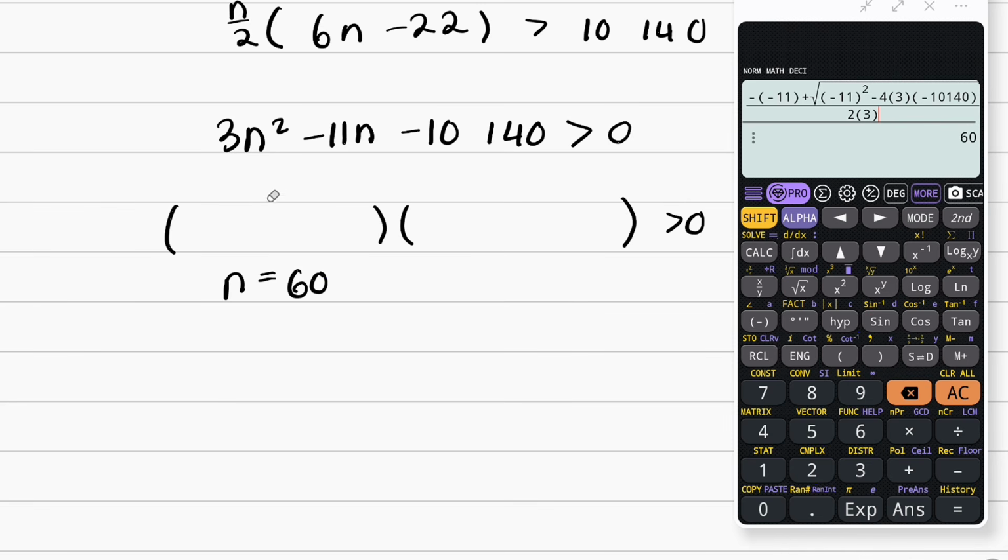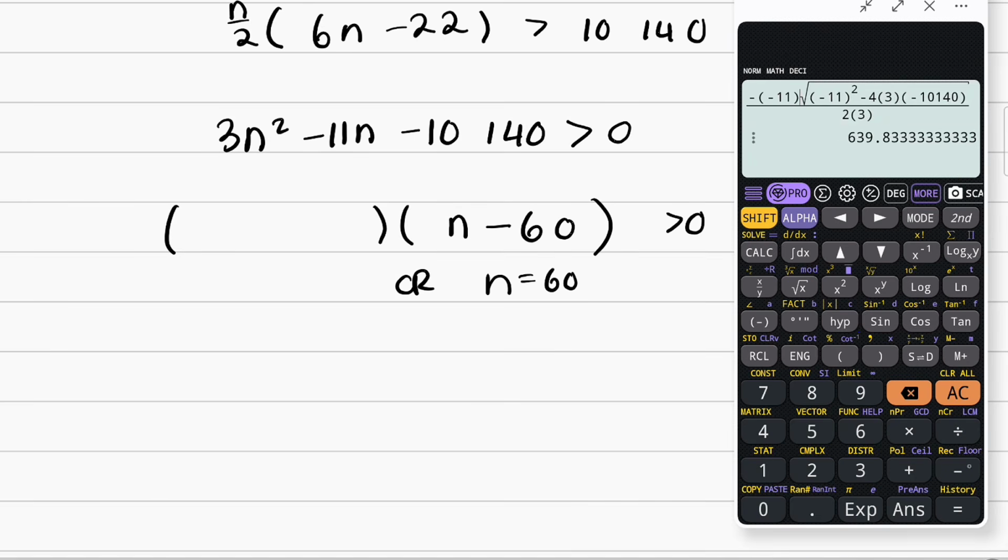And so what it means about the factor, let's just put that one here. What it means about the factor is that the factor was n minus 60 if you transpose the 60. Okay, so that's how we got n is equal to 60. And then let's find the other factor. So just change that to a minus, and it's a fraction, but you can just put it back as a fraction.